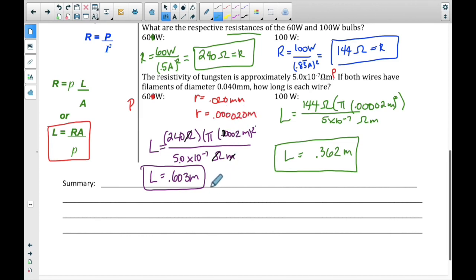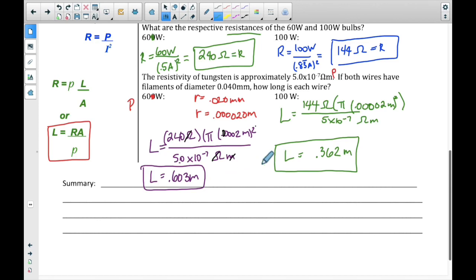I just forgot to write in that extra zero. So over here, make sure you have 1, 2, 3, 4 zeros, and then you square it. And so that's for finding the area. And then our resistivity, that would be something you look up in a table or in a book or online, and then you go ahead and divide that out. You should get 0.362 meters.